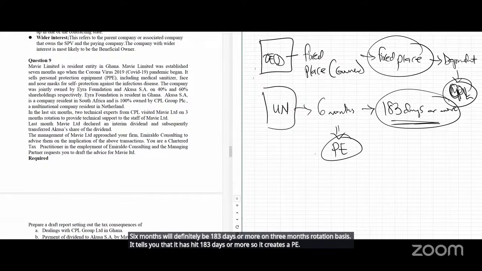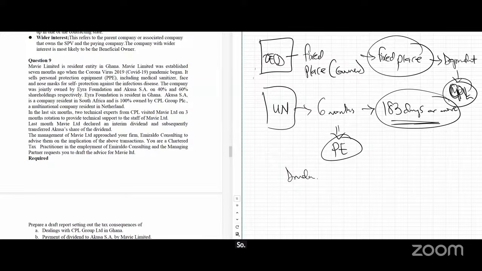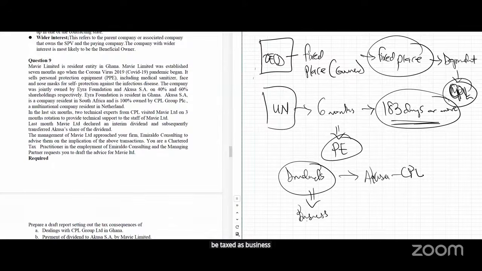So if that is the case, then a PE was actually connected with Mavi. So any dividends that would be transferred to Akusa through to CPL would be taxed as business profit in Ghana.